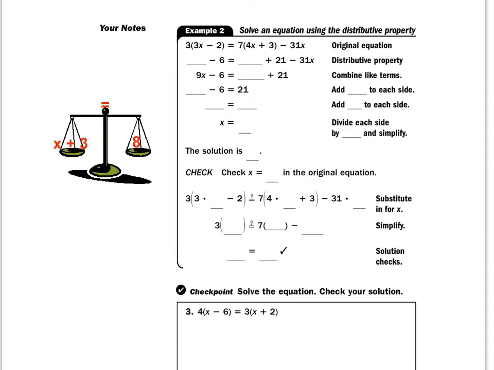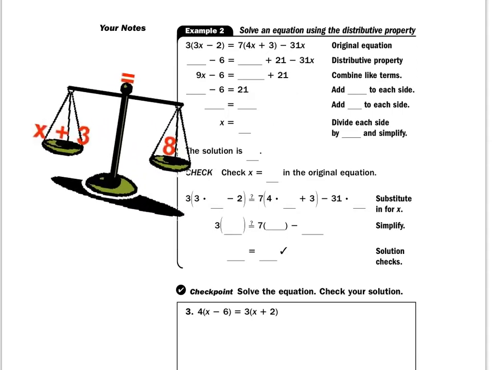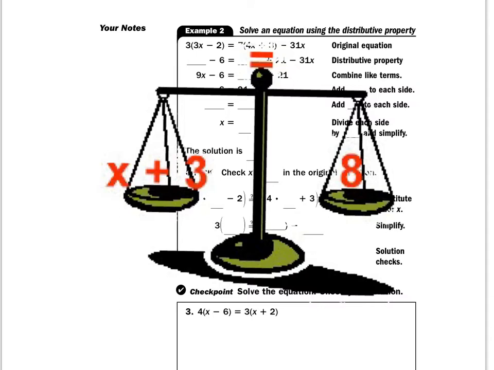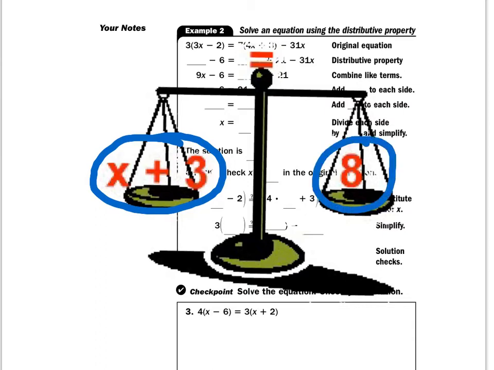Okay, and so on to example 2 here. I put these scales on here. I think this stuff is important for when you are referring back to stuff that teachers used to talk about. We have x plus 3 and we have 8. If the scales are balanced, that means the weight on both sides is the same. So maybe let's call this ounces on the right and ounces on the left.